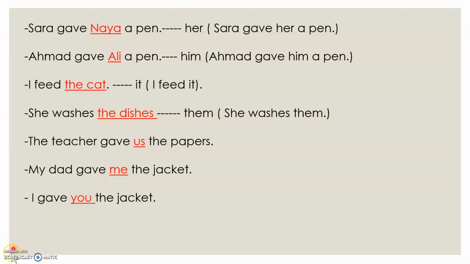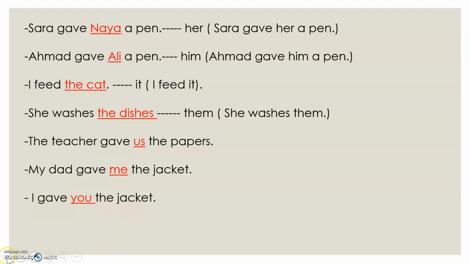The teacher gave us the papers. So we are the ones who received the papers, so we are the object of the sentence. So we're going to use the object pronoun, which is us. My dad gave me the jacket. I am the one who took the jacket. So we're going to use the object pronoun, which is me. I gave you the jacket.